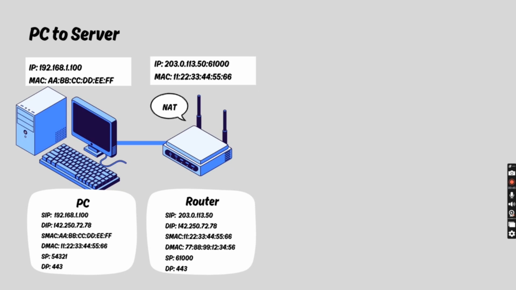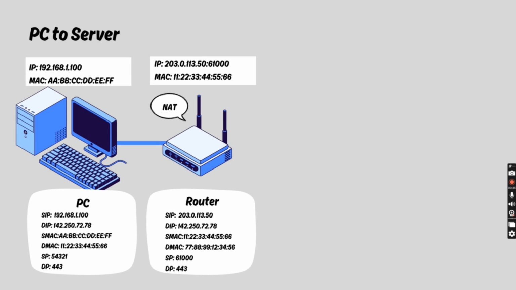The source MAC address now becomes the MAC of router 1, 112233445566, and the destination MAC address is changed to the MAC of router 2, which is 778899123456.